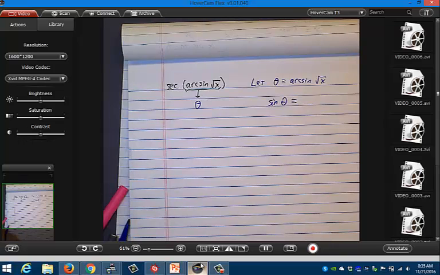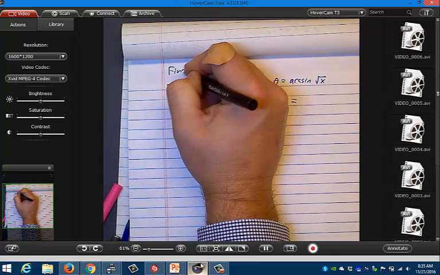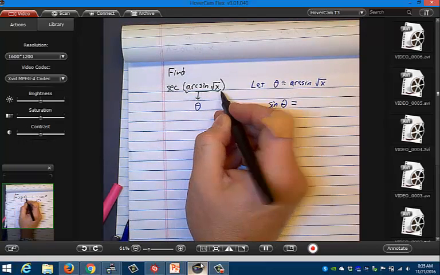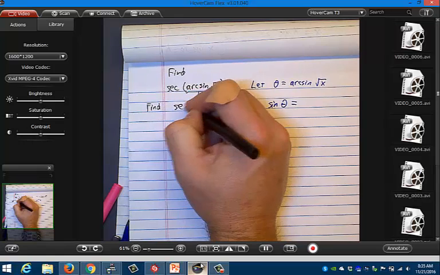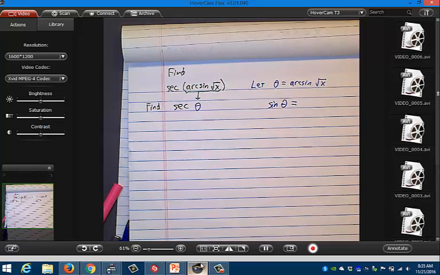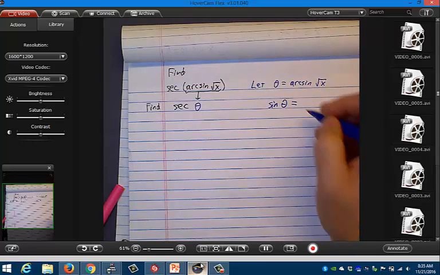So basically, the problem said, find the secant of the arcsine of radical x. Now I could say the problem says, basically, find the secant of theta. Okay, that's what it says. But over here, when you write theta is the arcsine of square root of x, the next thing I want you to write is that the sine of theta is equal to what? Square root of x.